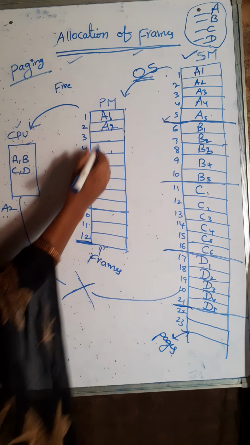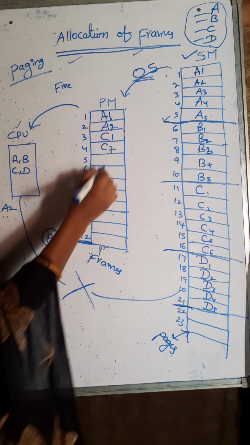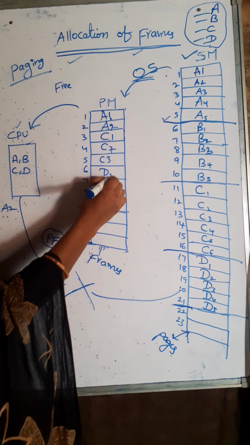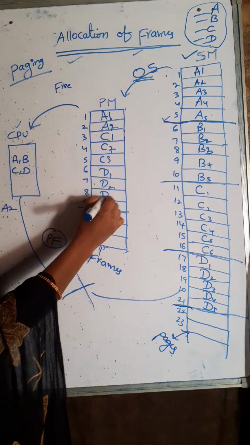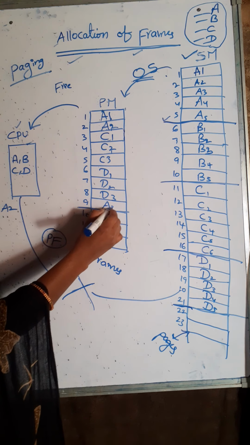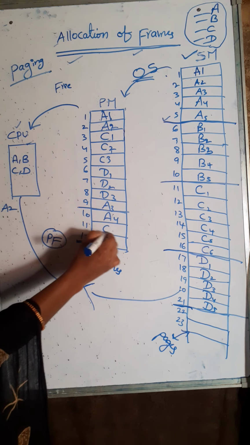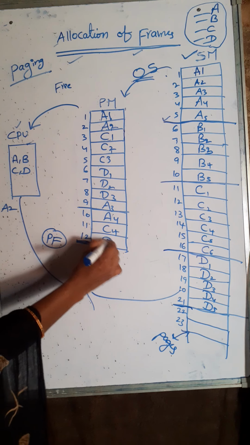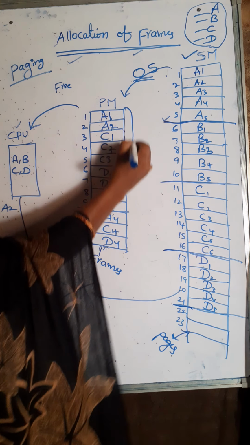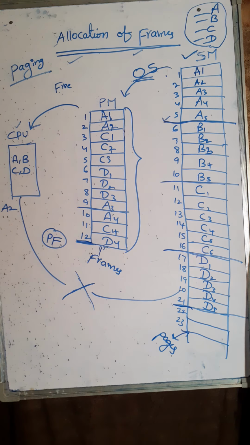Let us assume that like that C1, C2, C3, D1, D2, D3, A3, A4, C3, C4, D4 pages are stored in the primary memory. After some time, let us assume that CPU requested for B5.